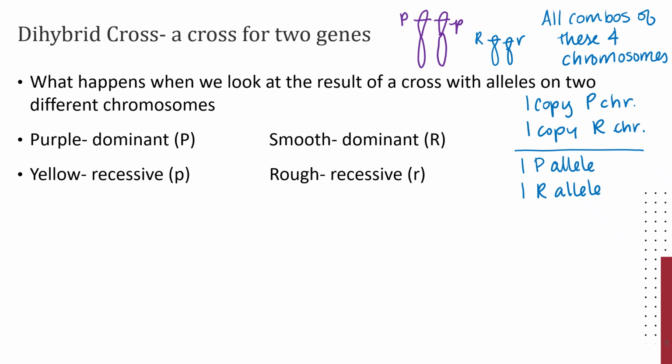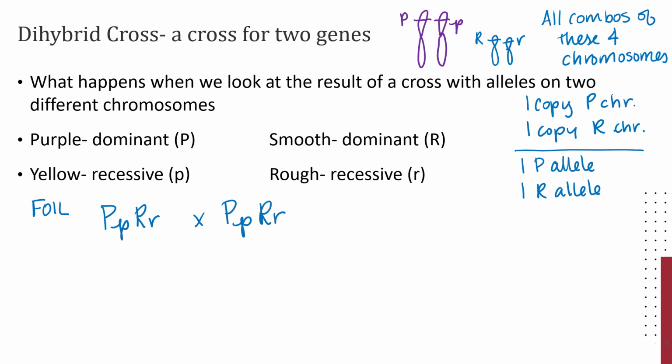So we're going to borrow a process from math. We're going to borrow the FOIL method, and we're going to start with our parental genotypes. For this cross, they are going to be big P, big R, or the heterozygotes.